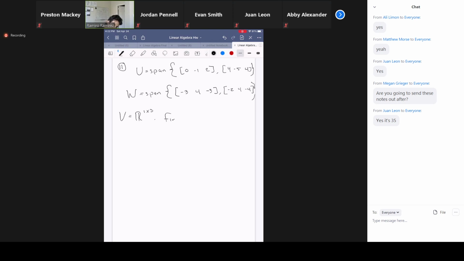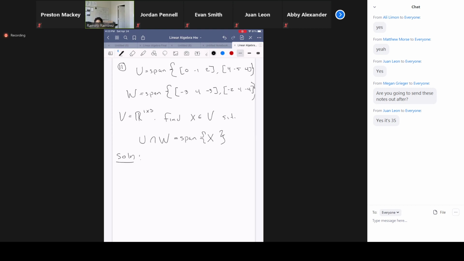So find an X in V such that U intersect W is equal to the span of X. Oh, sorry, and it's X. All right, so in order to find a basis for this, we need to find all linear combinations.